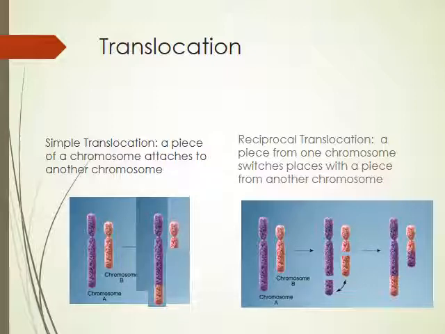That's a simple translocation. A piece broke off and moved. But if I was to have A, B, C, D, Z, and X, Y, E, that's a reciprocal translocation. This is going to be matching.